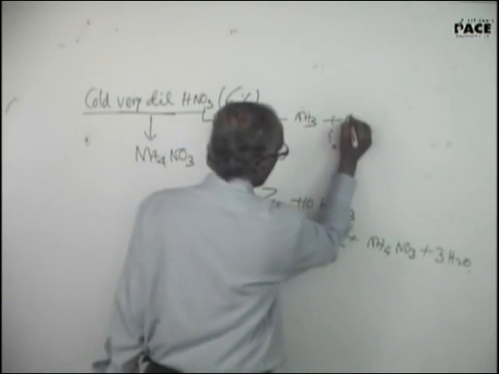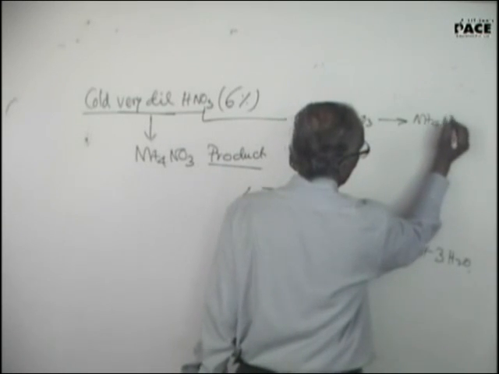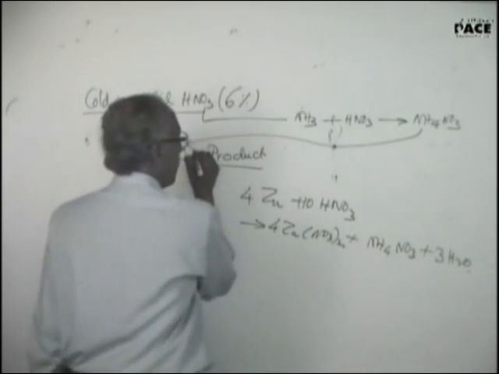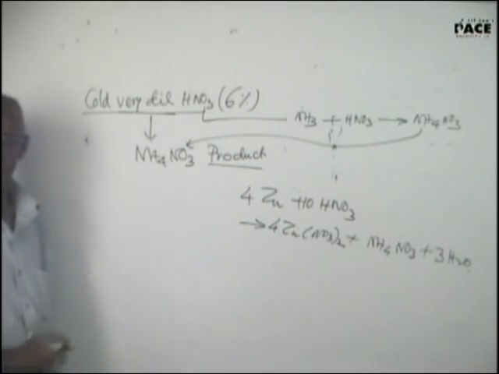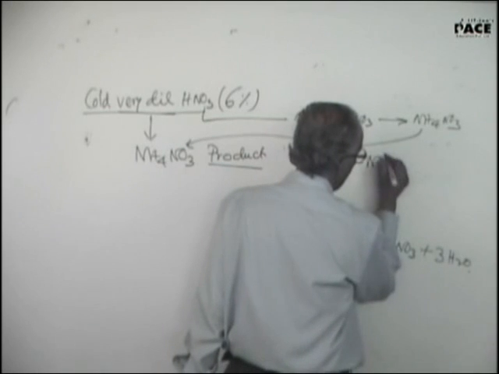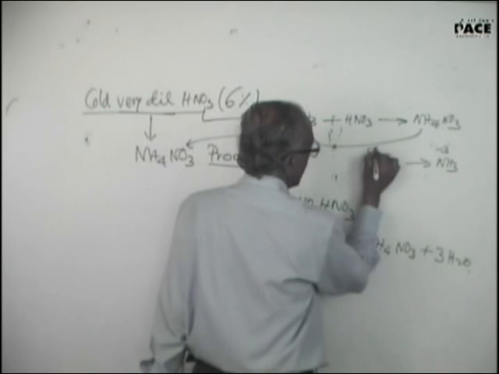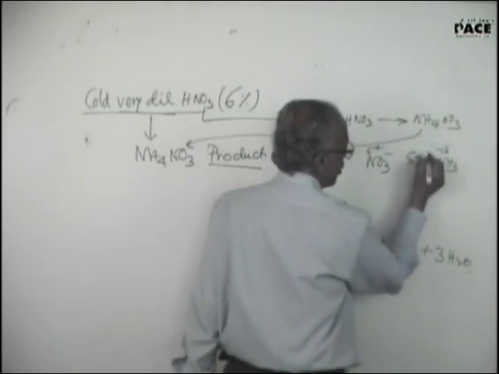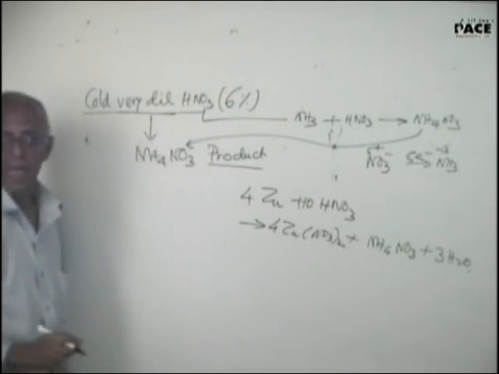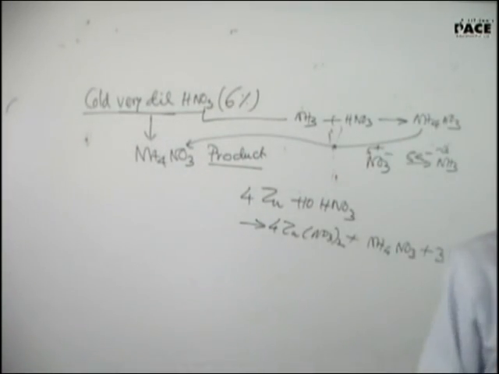And ammonia reacts with nitric acid to give you ammonium nitrate, and that is why the product is ammonium nitrate. Actually, the nitrate ion is converted into ammonia. It's an 8 electron change. Ammonia being a base cannot exist as ammonia in acid medium, so it forms a salt, ammonium nitrate.